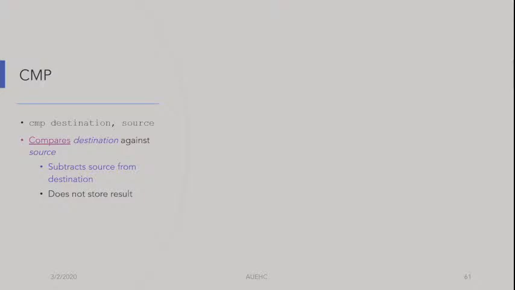But we're usually going to be using which register after compare? E flags, right? So we're going to be using a bit within the E flags register, like a zero flag or a set flag or something along those lines.